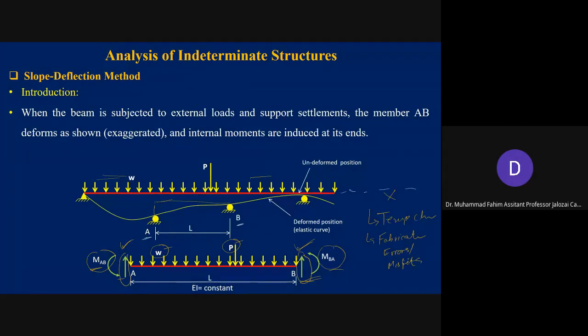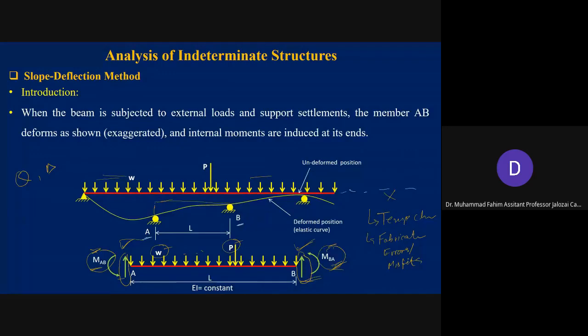In slope deflection method, we are relating these end moments, which are these MAB and MBA, as well as the moments coming from these loads, to the slopes and deformations occurring in this member. So this is our goal.